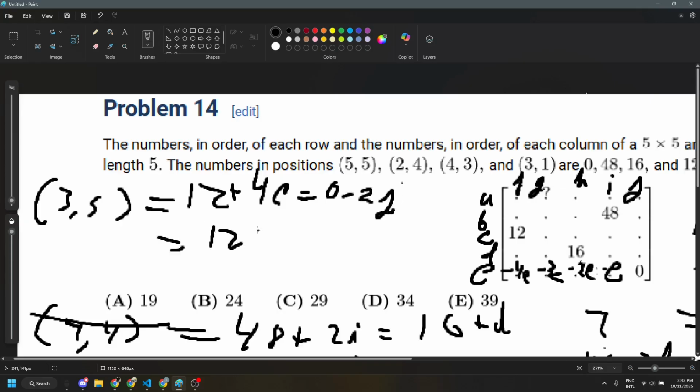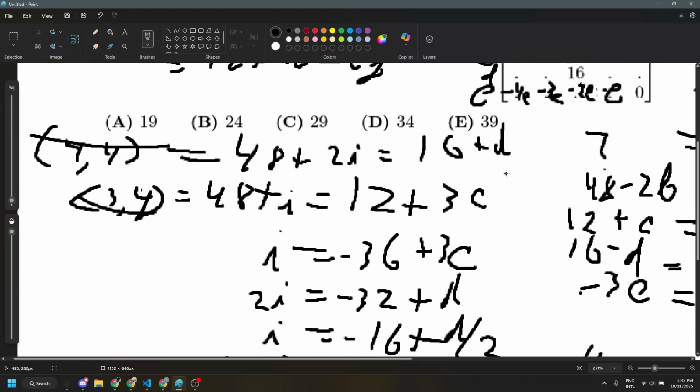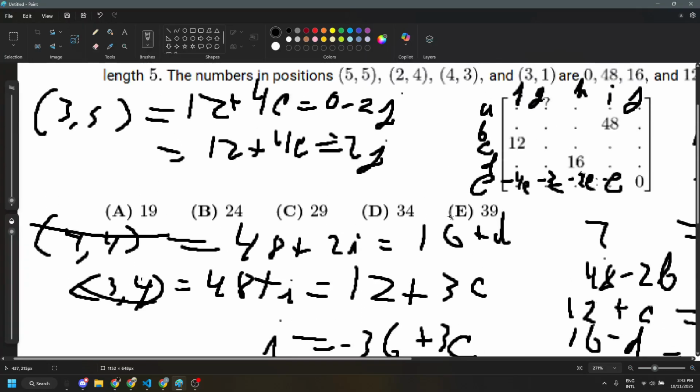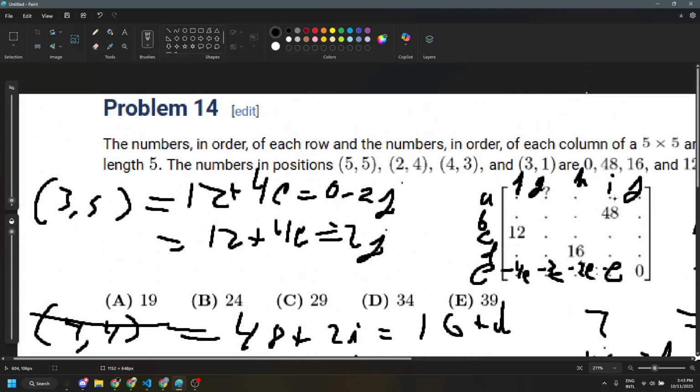So it's equal to 12 plus 4c is equal to negative 2j. What did we do here? So we had something in terms of c and g, and then, oh, we isolated, oh, because it was on the same vertical.